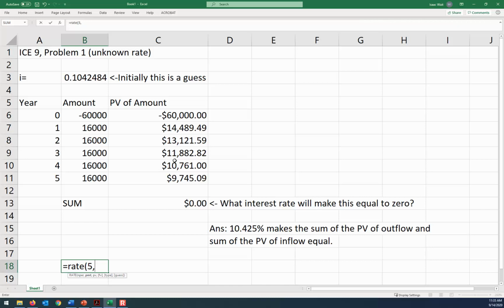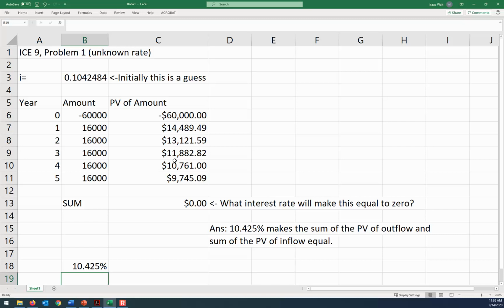The payment amount is 16,000 and the present value was negative 60,000. And then FV, type, guess, those are optional fields and we don't have to put any of them in this case to get the answer that we're looking for.